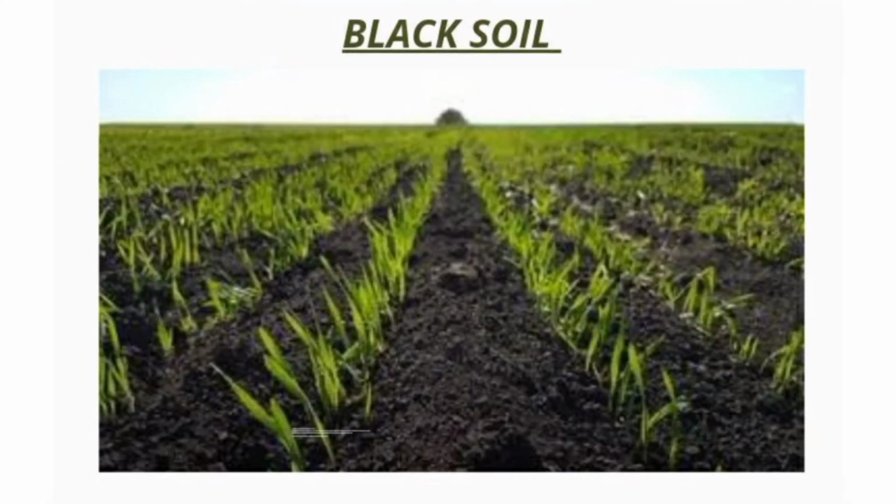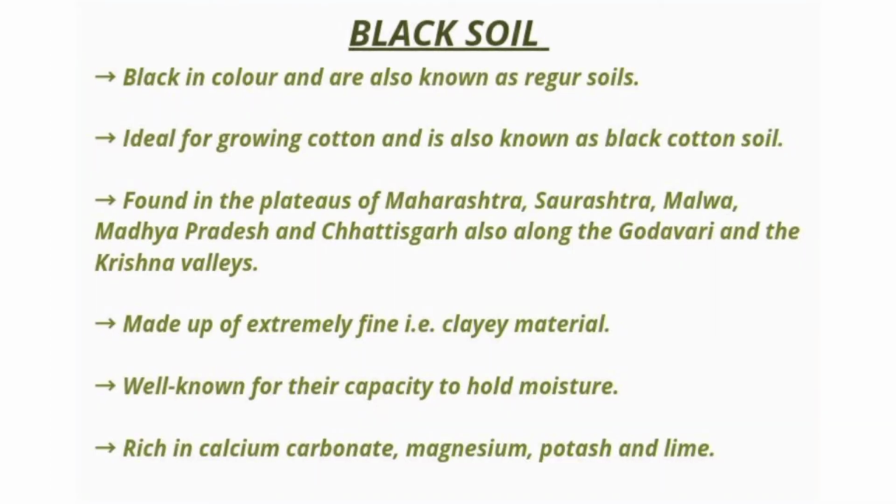Black soil. Black in color and also known as regur soil. Ideal for growing cotton and is also known as black cotton soil. Found in the plateau of Maharashtra, Saurashtra, Malwa, Madhya Pradesh, Chhattisgarh, and also along the Godavari and Krishna valleys.